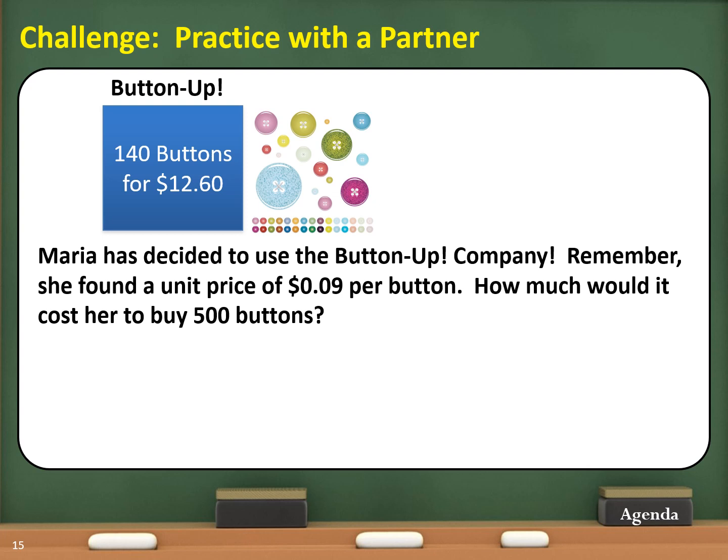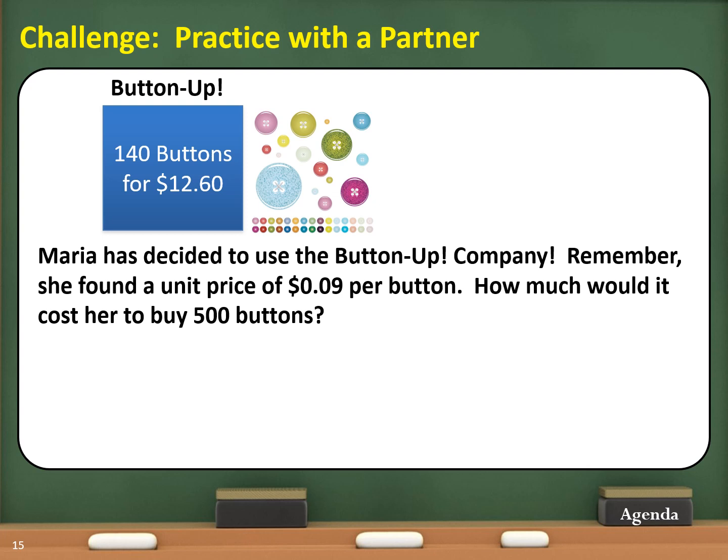See the next advanced question. Mariah decided to use the Button Up company. Remember, she found the unit rate as $0.09 per button. That means one button's price. How much would it cost her to buy 500 buttons? Oh, easy, right? For one button, 0.09, then for 500, how much?